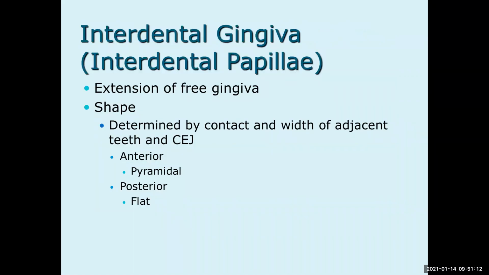The interdental papilla or interdental gingiva. It's the extension of the free gingiva. It's not attached. It's pyramidal. It looks like a pyramid or a triangle in the anterior area because of the shape of the col and the interdental area, and it flattens out in the posterior.